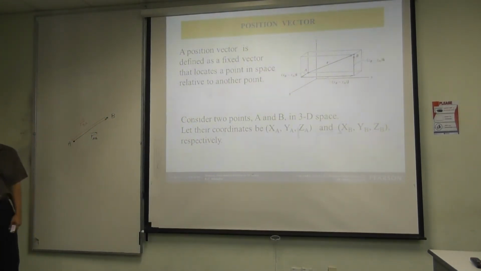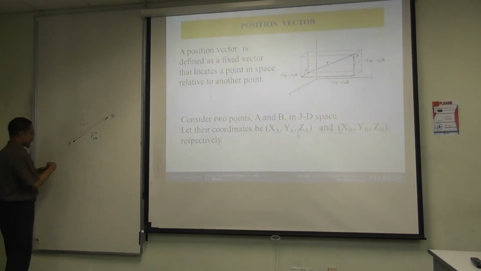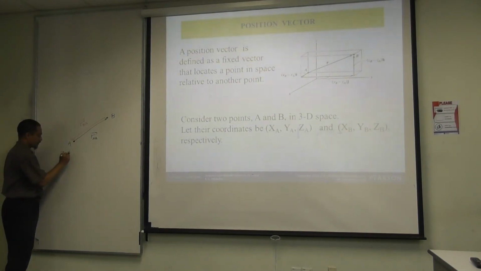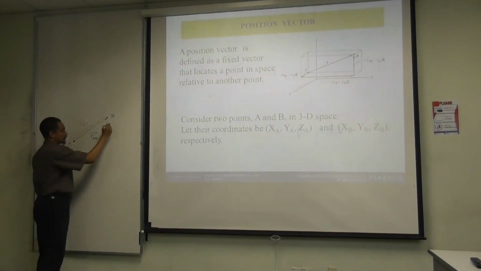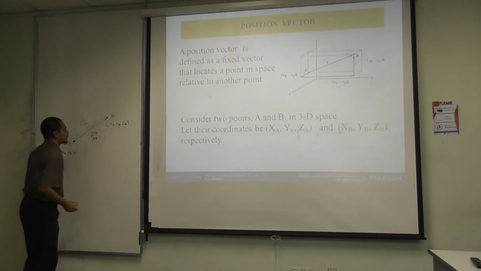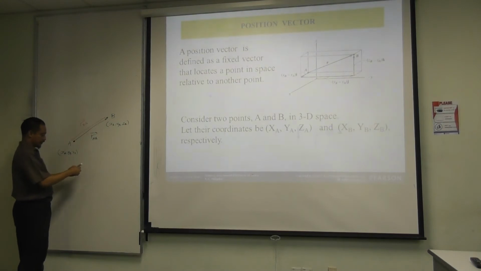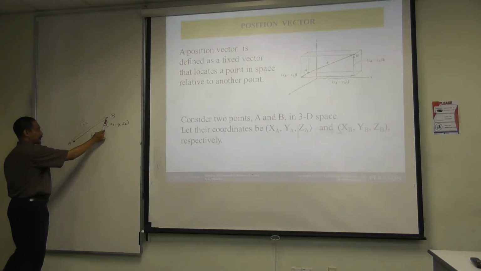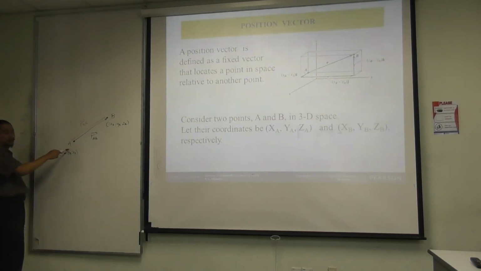So if you have the coordinate, say this one is XA, YA, ZA, and here it's XB, YB, ZB, how to calculate this R_AB is basically the end point or the destination minus the starting point.